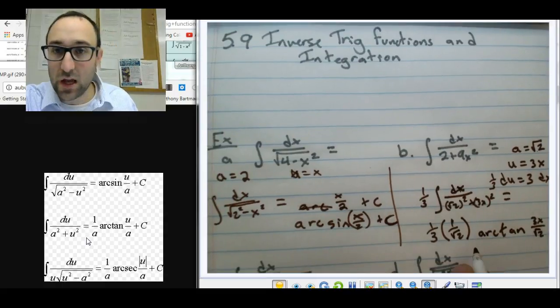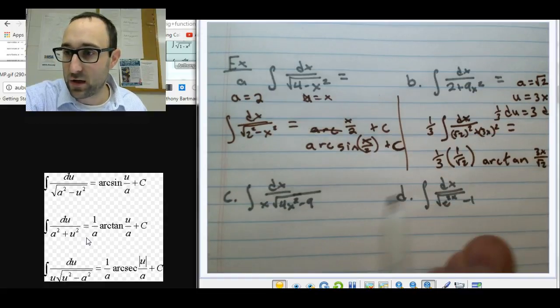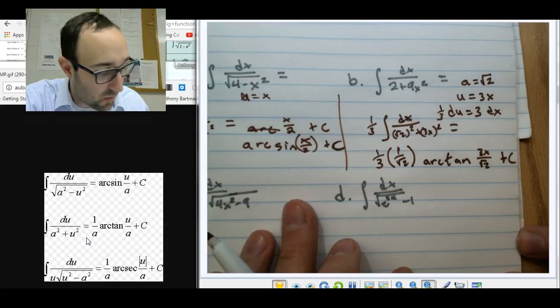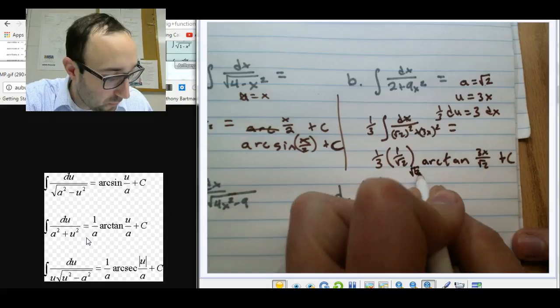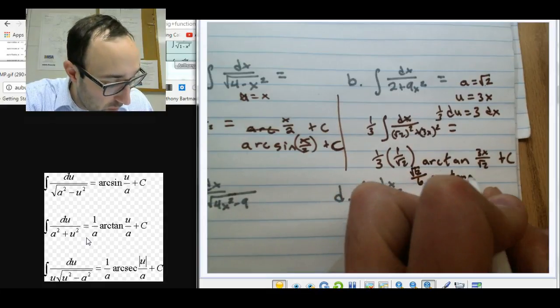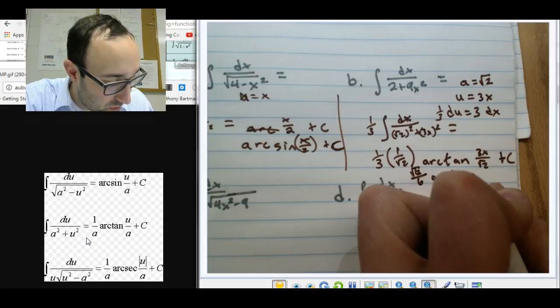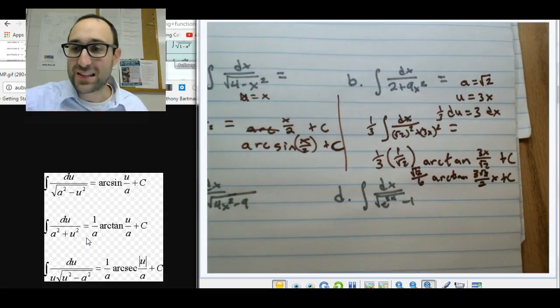Cleaning up just a little bit more, we can end up with the square root of 2 over 6 arctan of 3 square root of 2 over 2 times x, plus c, if we really want to rationalize the denominator.